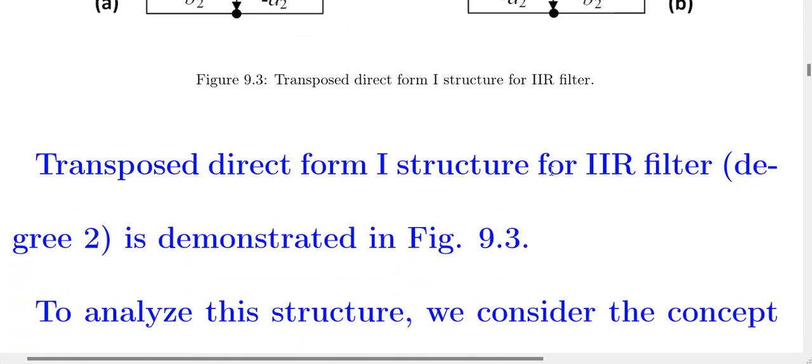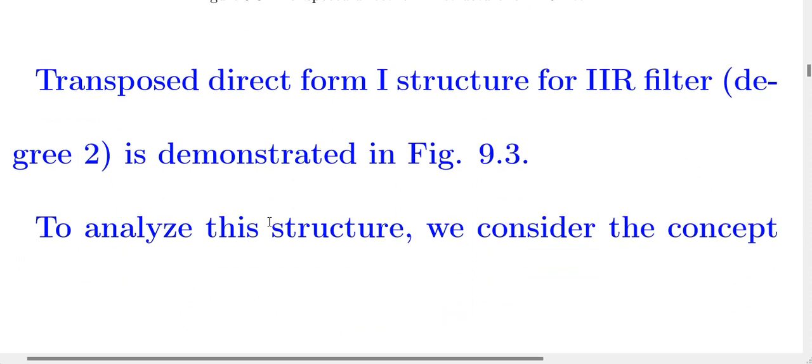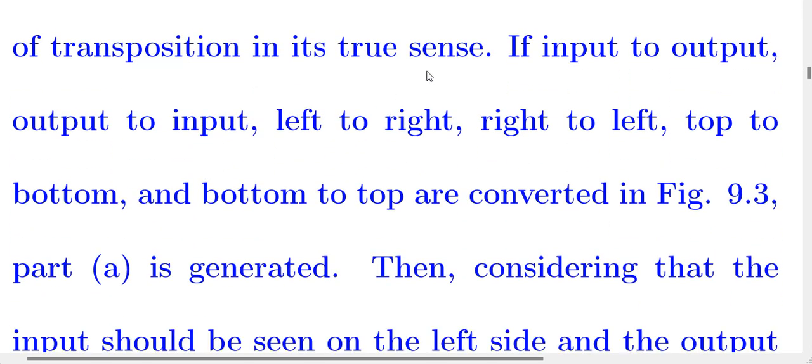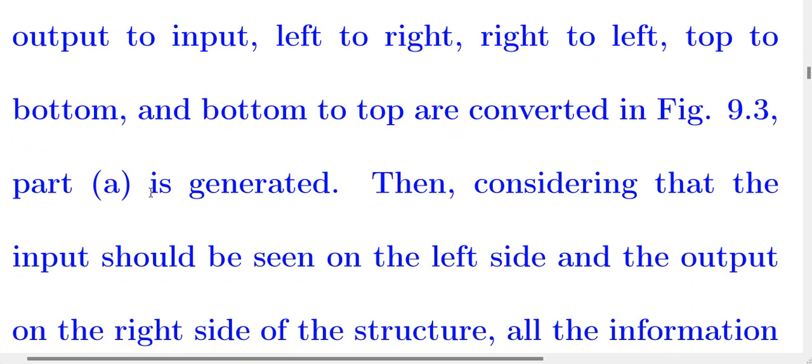Transposed direct form 1 structure for IIR filter degree of 2, of course, is demonstrated in figure 3. To analyze this structure, we consider the concept of transposition in its true sense. If input to output, output to input, left to right, right to left, top to bottom, and bottom to top are converted in the figure, part A will be generated, okay?